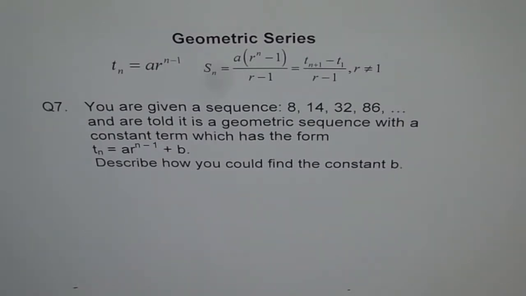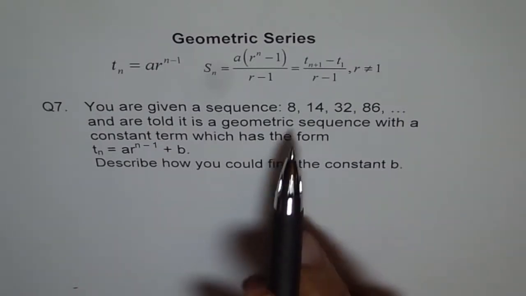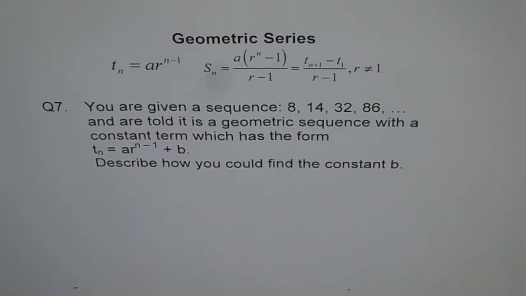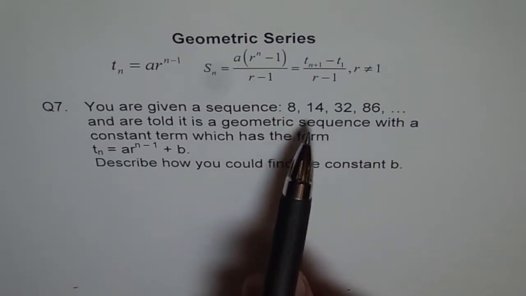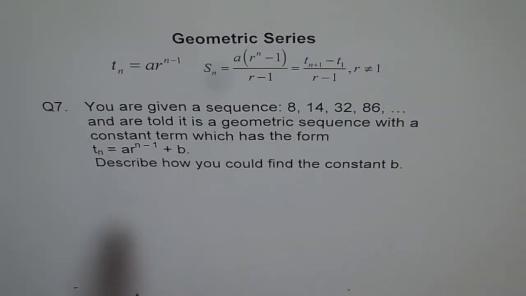So what we can do is write three equations using the first three terms. We know T1 is 8, T2 is 14 and T3 is 32. And from there, these three equations will help us to solve the three variables, right? So let's write down our three equations.